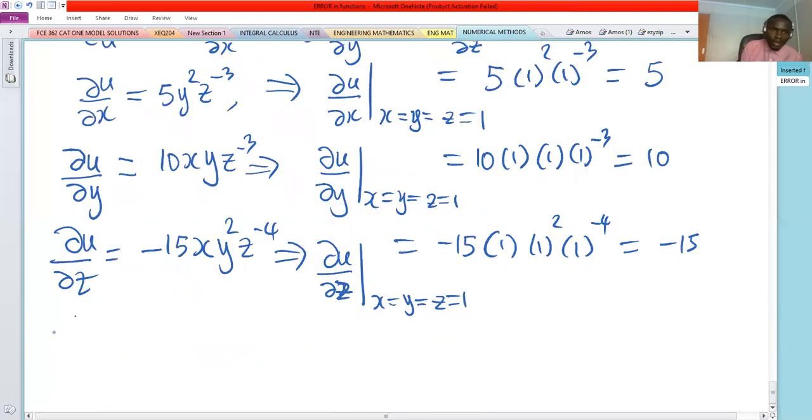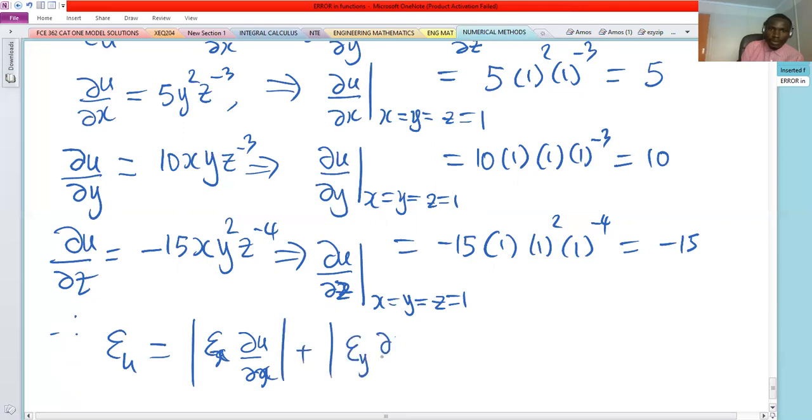So therefore, the error in u will be the absolute value of error in x times partial u partial x, plus the absolute value of error in y times partial u partial y, plus the absolute value of error in z times partial u partial z.